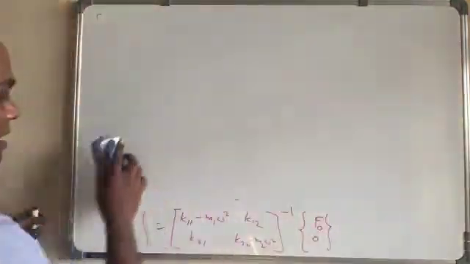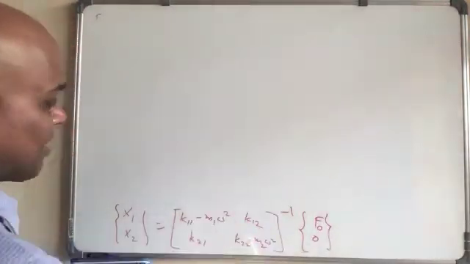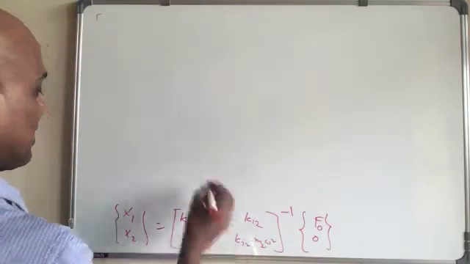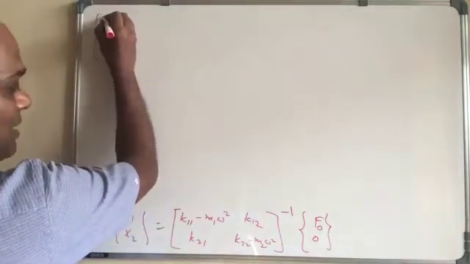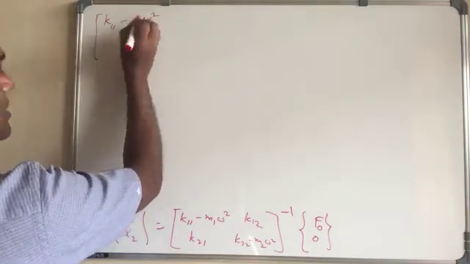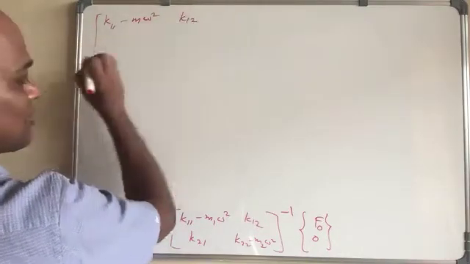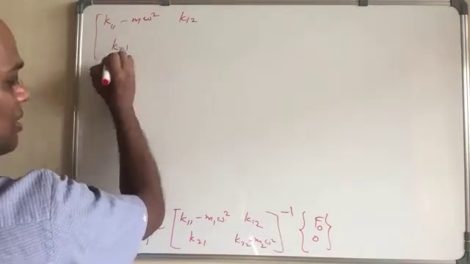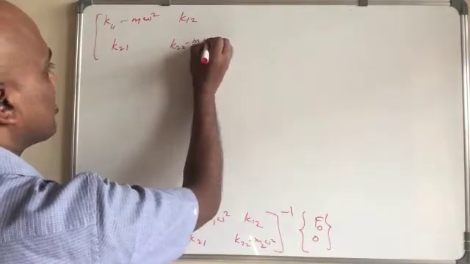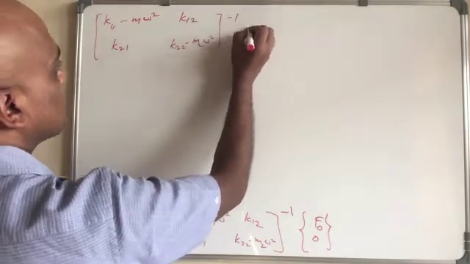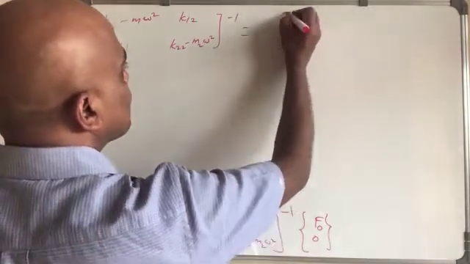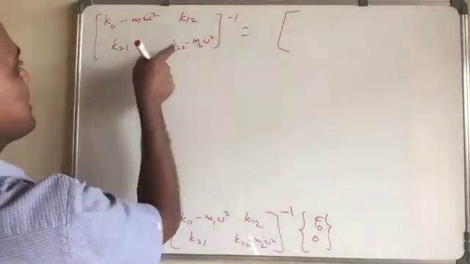In order to find the inverse of that, what you have to do? The inverse of k11 minus m1 omega square, k12, k21 and k22 minus m2 omega square will be equal to, we simply interchange the diagonal terms.